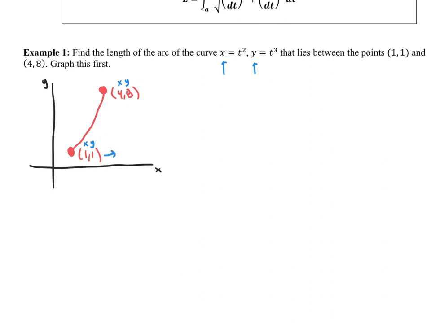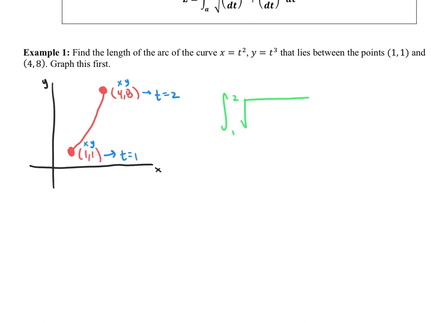So this point corresponds with t equal to 1. And then for x equal to 4 and y equal to 8, t would very clearly be 2. So that's what we have to use for our integration. All right, our integral then will be from 1 to 2, and we're going to use the formula above.